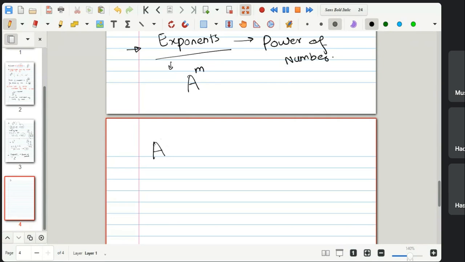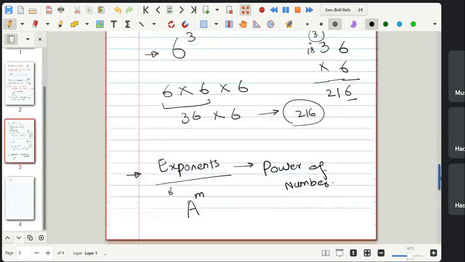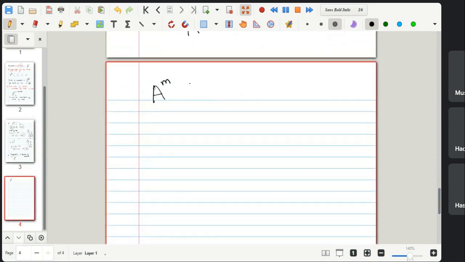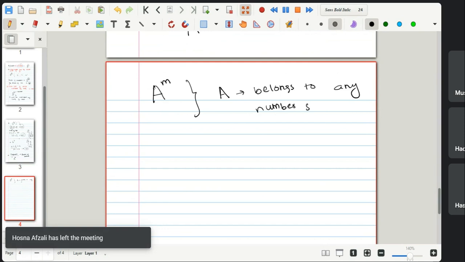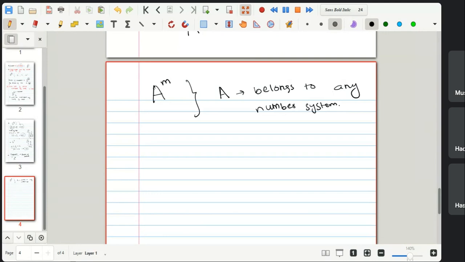And this is m, and we say that m is any number. So let me write here: a belongs to any number system or number family. A system is also a family. We studied this subsequently, so let me write here: number system or family.